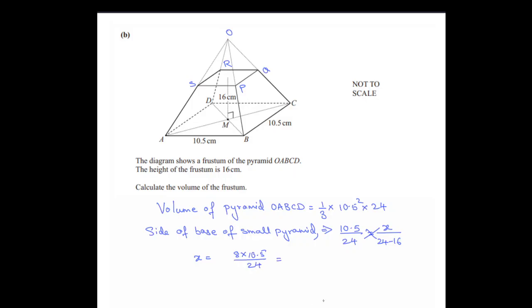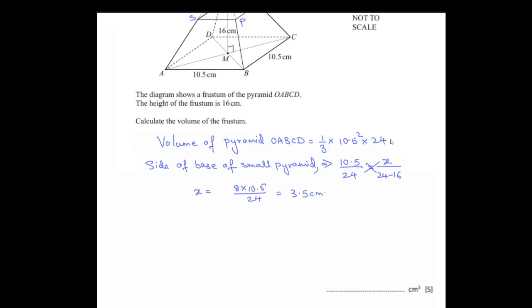Do that to find the answer. 8 into 10.5 by 24 gives 3.5, which will be the side of the base of the small square. Now we find the volume for this.